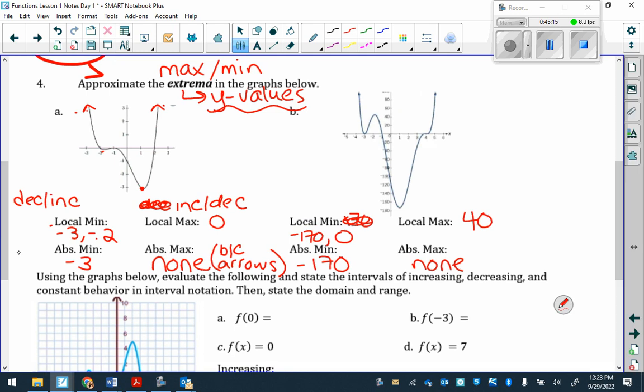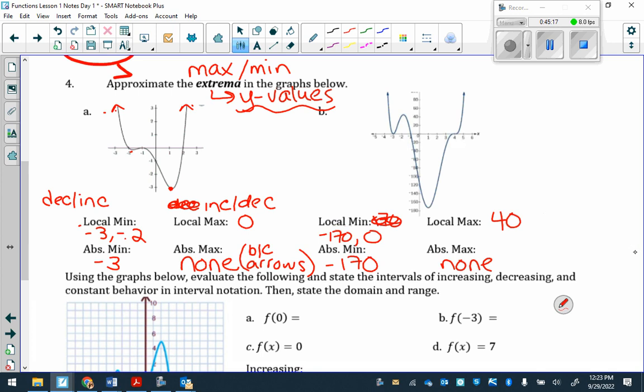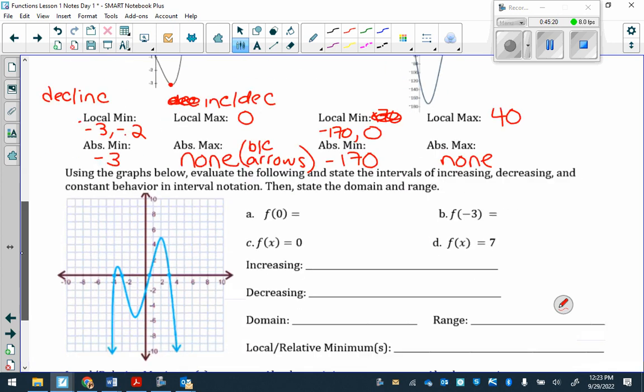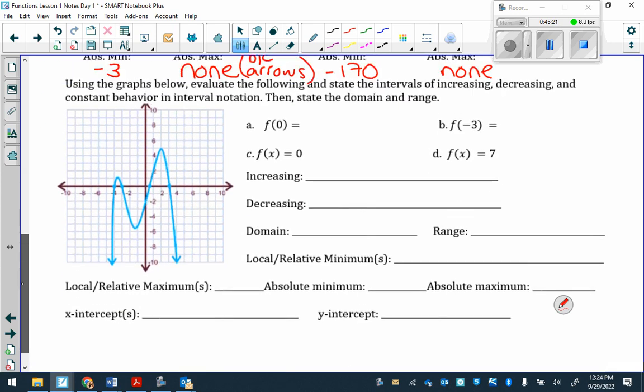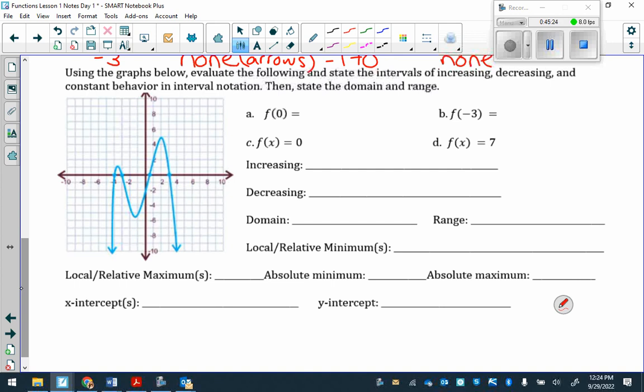All right, so now we are going to tie it all together. Okay, you have your function notation, A through D. Then you have intervals of increasing and decreasing, domain and range, local and relative minimum, maximum, absolute min, absolute max, x and y intercepts. Okay, you got it?